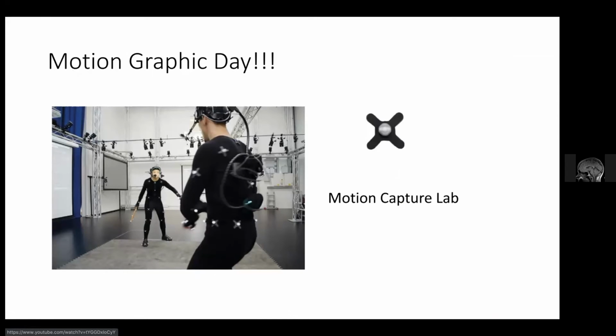So there was one day where everyone in the class went to the OCU mocap lab because they were just starting their motion graphic unit. And they were explaining how all the cameras worked and how the information got onto where it was recorded onto the screen.